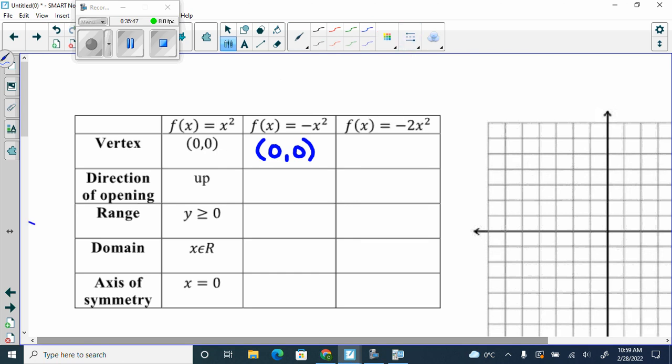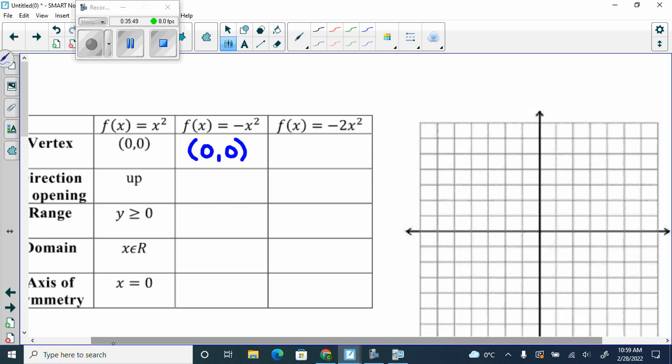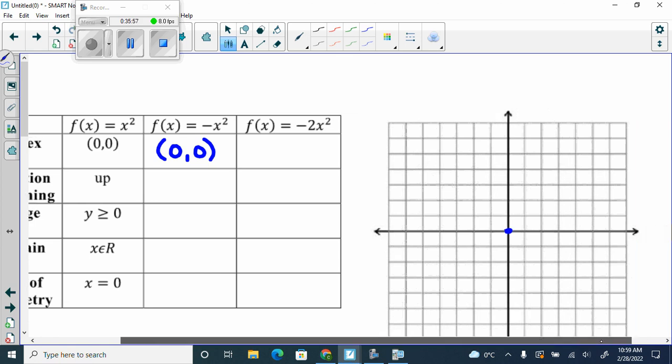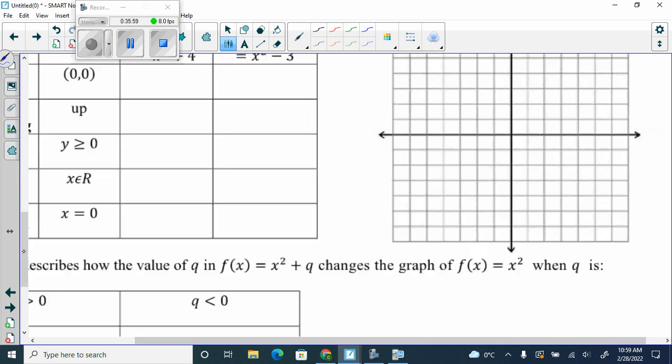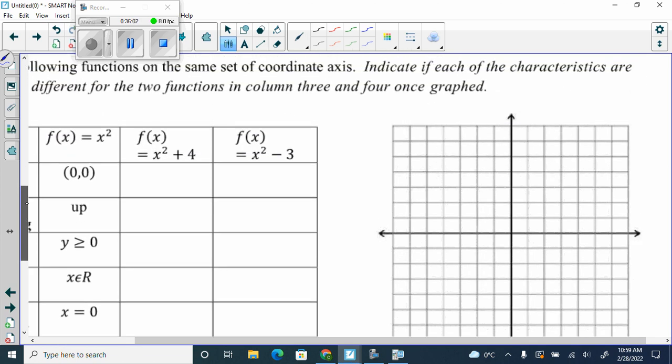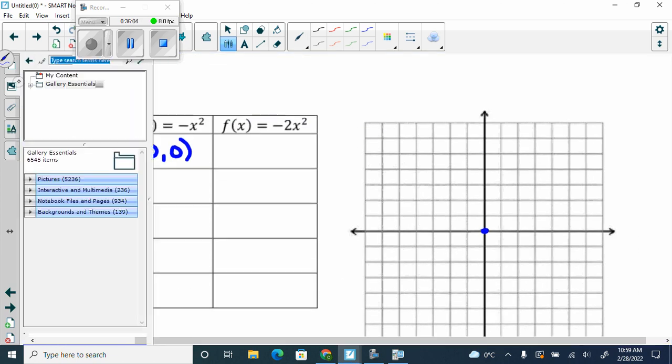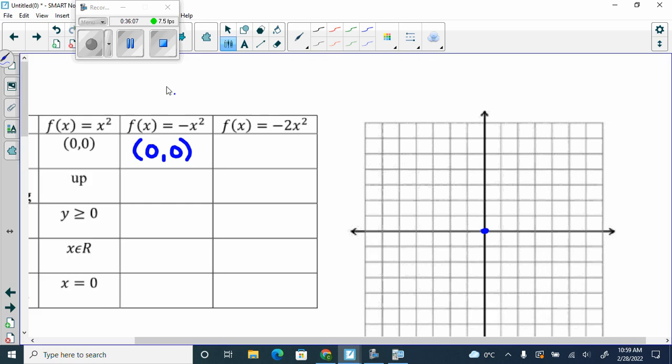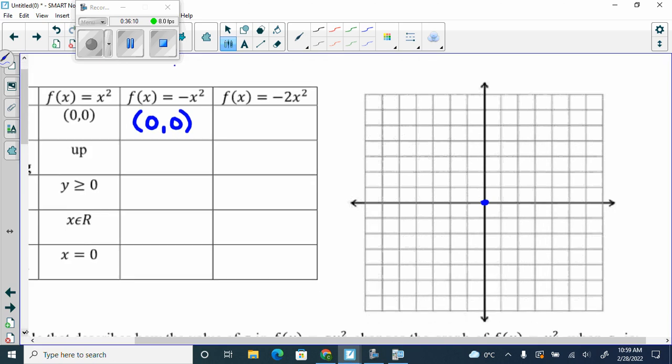Okay, let's sketch it out. So now you're going to go second graph. I'm going to keep my y scale at 2 and my x scale at 1. So start plotting your stuff on there.